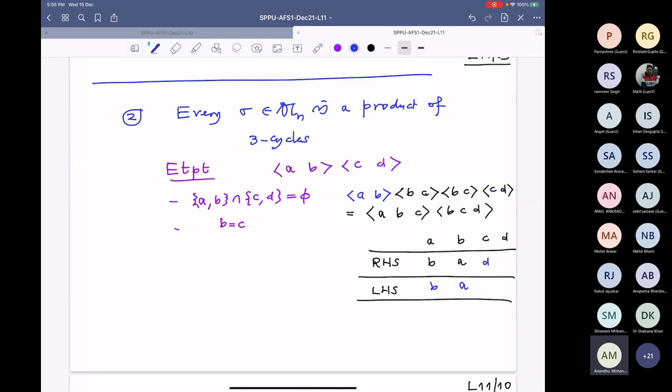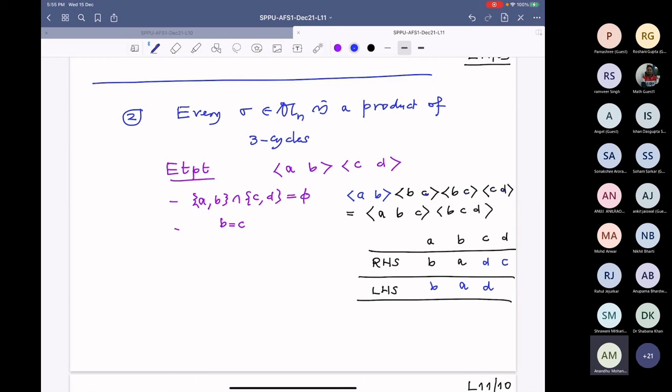D's don't appear, so C goes to D here. Where does D go? D goes to C.